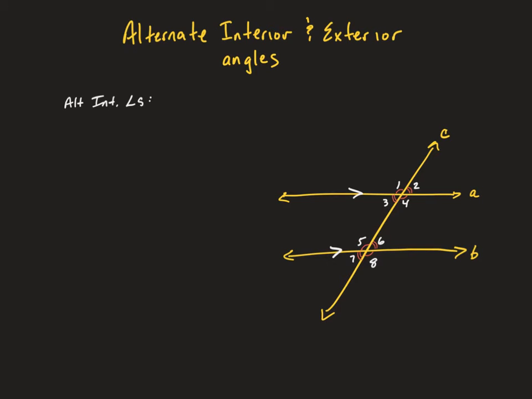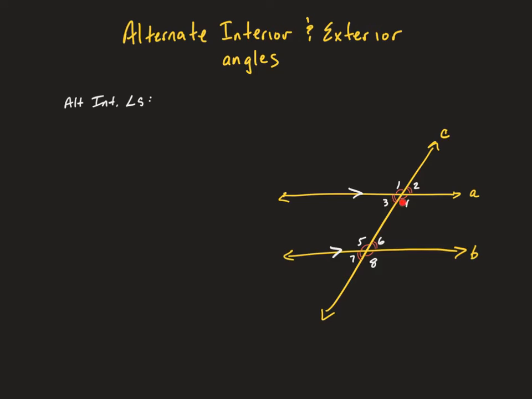And if we just look at this, by its congruency, we know that 4 and 5 are congruent because they have one congruency hash. 3 and 6 are congruent because they are doubles. And if we just did some math, we know that 1 and 3 added together would be 180.